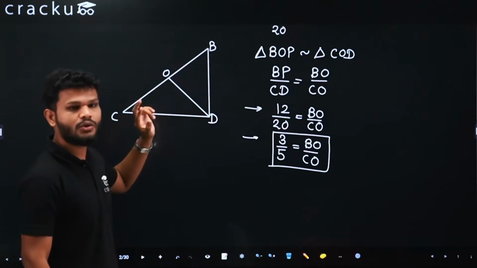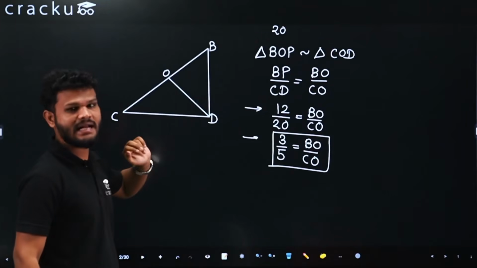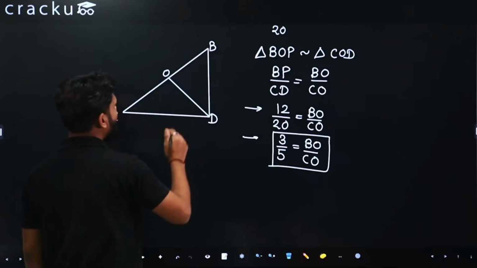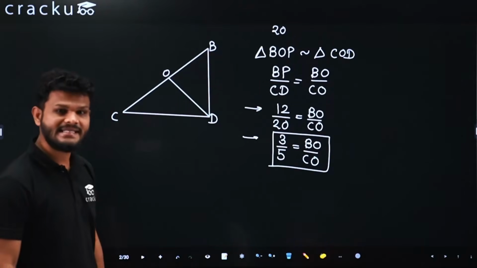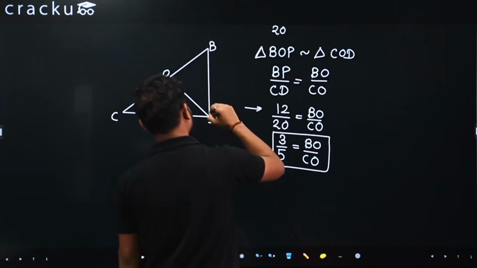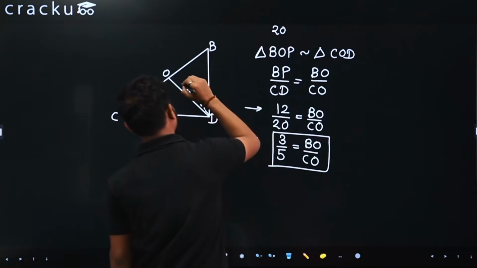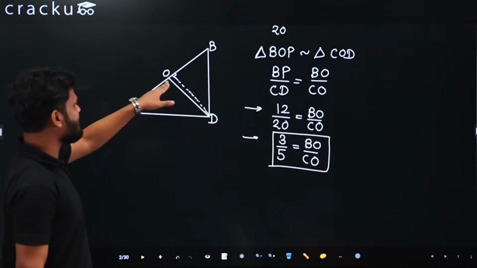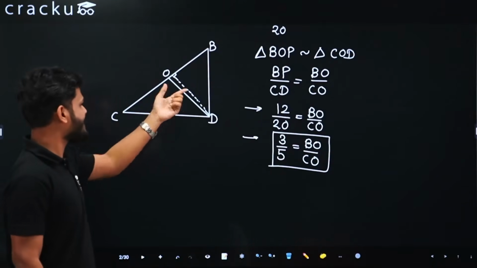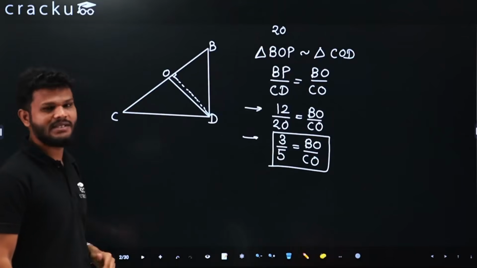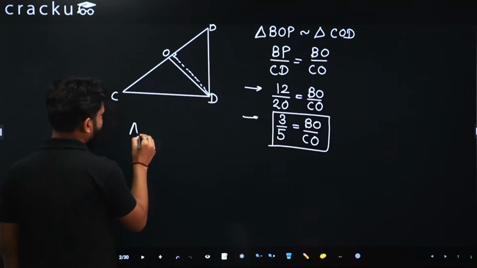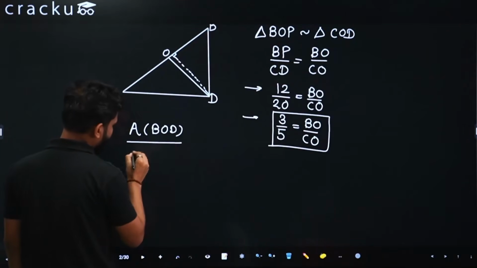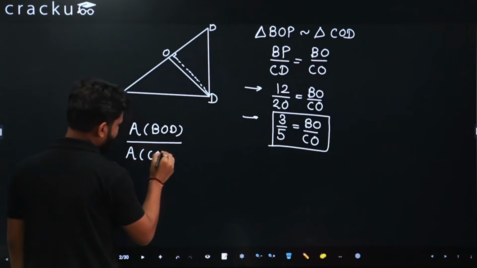Now, if you look in two triangles which are there inside this triangle, they are BOD and COD. For this BOD and COD, height is same, right? Let us suppose this is the height for triangle BOD on the base BO, and this is the height for triangle COD on the base CO. So can I write area of triangle BOD divided by area of triangle COD as what?